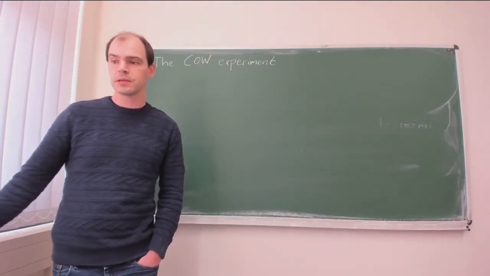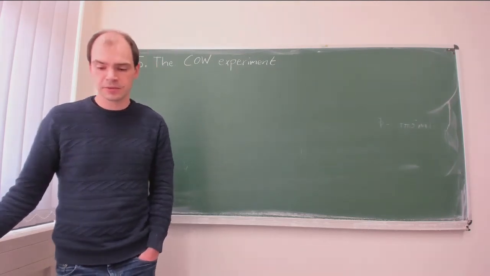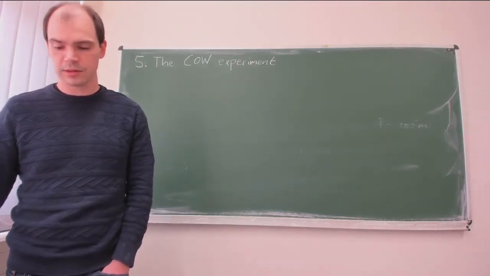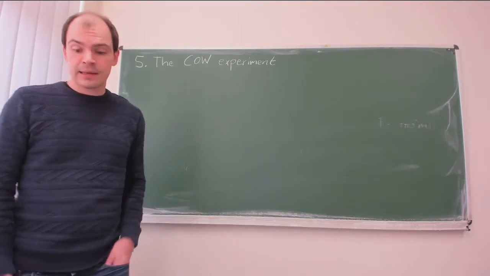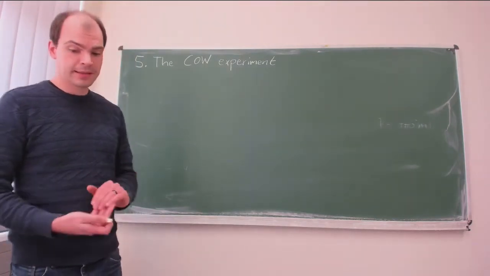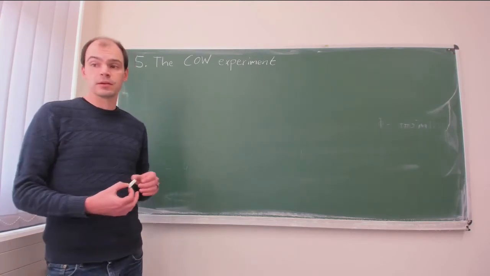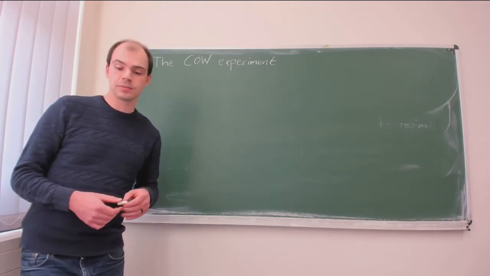It was performed in 1975 by Colella, Overhauser, and Werner. That's why it's named COW, after their initials. And the one thing that is tested in these experiments is the Schrödinger equation in a Newtonian gravitational potential.